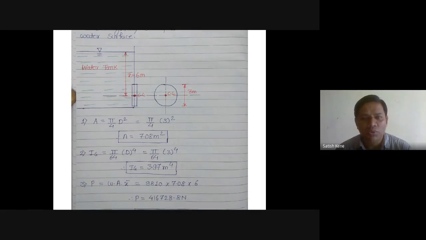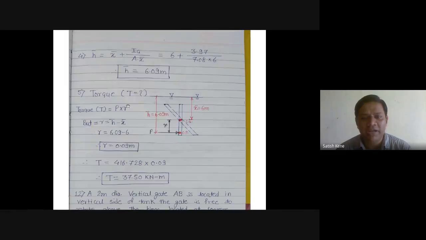Okay. So I drew again one separate diagram for the explanation of the particular case. Now what is our aim? We have to calculate torque T to maintain the plate in equilibrium condition. So this is the value of H bar, 6.09 meter from liquid surface up to the center of pressure. I am showing here CP.